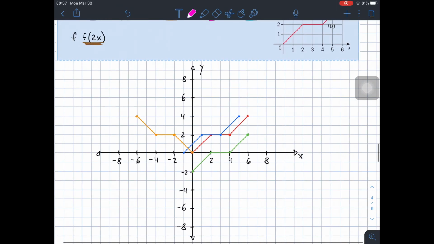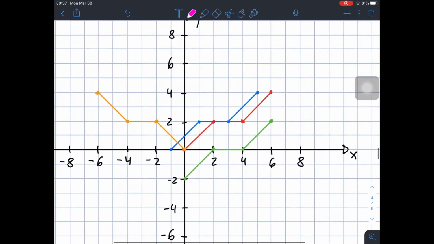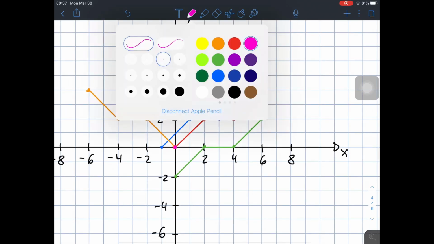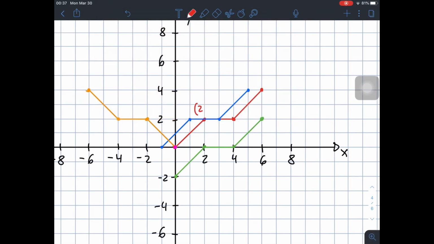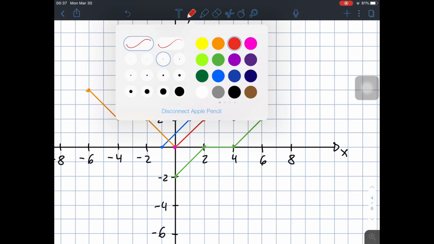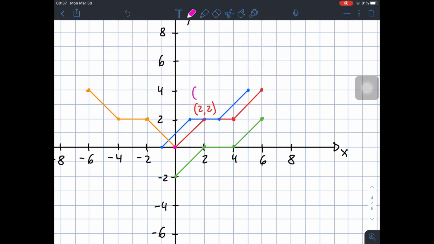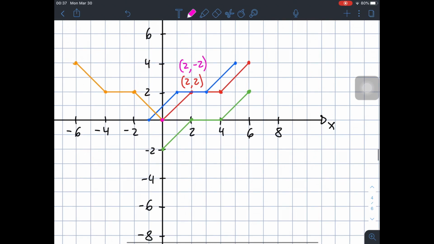So let's do this. Minus f of x, that means changing the y coordinate. So the first point, which is 0, 0, will still be 0, 0. The second point, which is 2, 2, would now be 2, negative 2. We're changing the y coordinate.